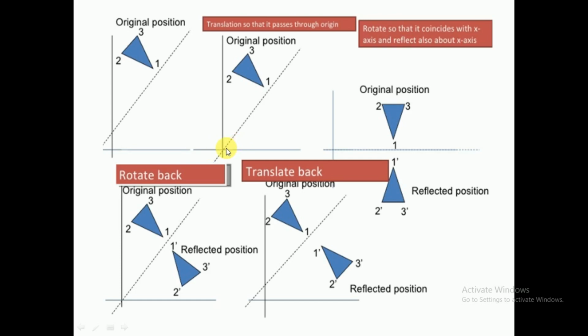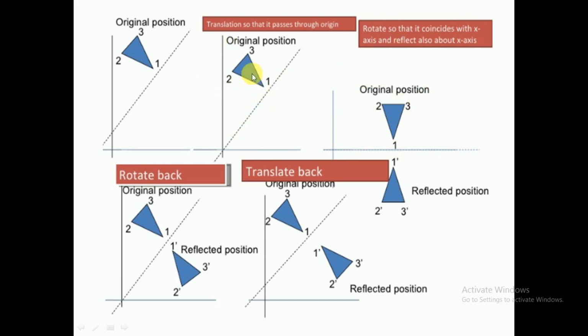Then afterwards you align that line with one of the axes. Rotate so that it coincides with the x axis, and take the reflection also about the x axis. You can rotate this line in such a way that it aligns with the x axis, or you can align it with the y axis also.